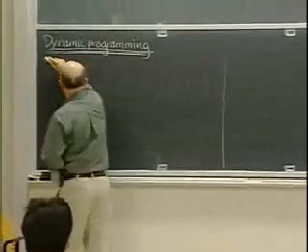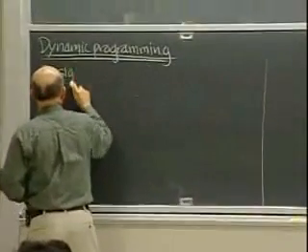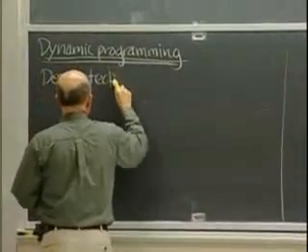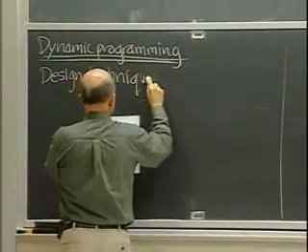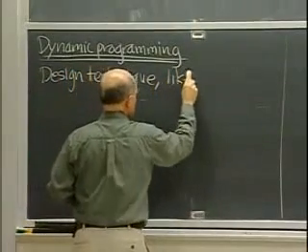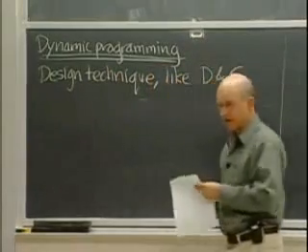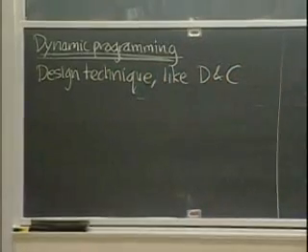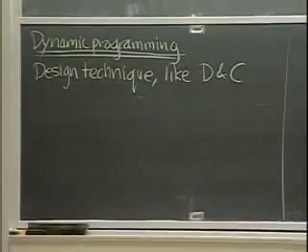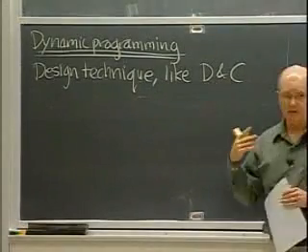So dynamic programming is a design technique, like other design techniques we've seen, such as divide and conquer. It's a way of solving a class of problems rather than a particular algorithm.